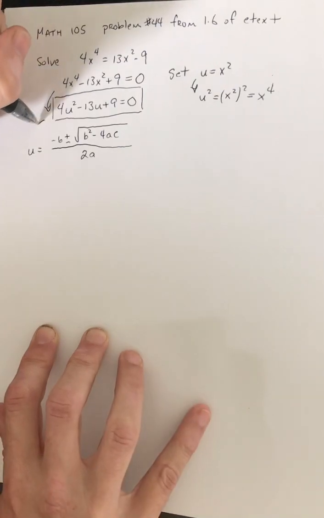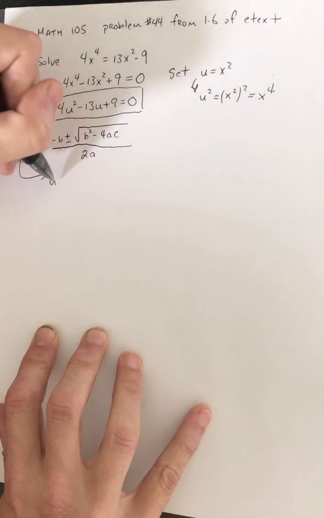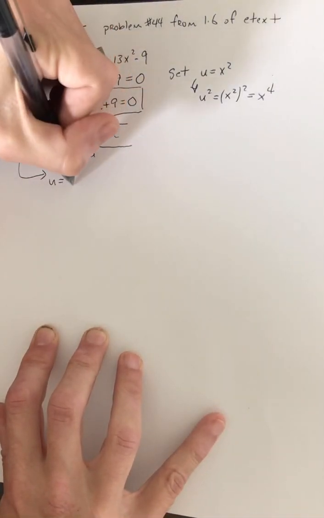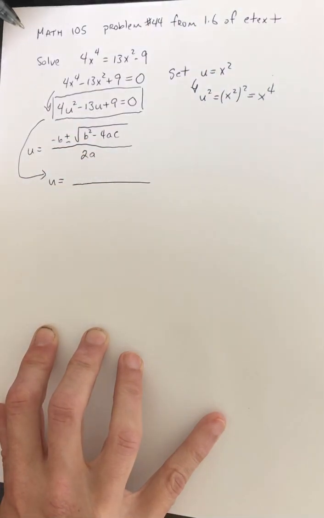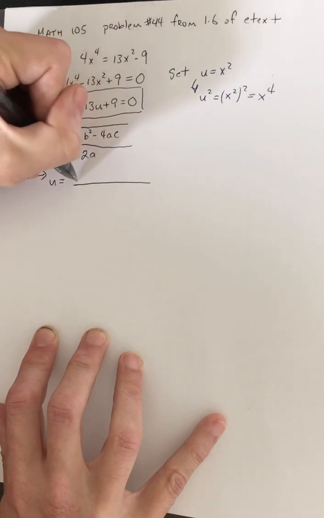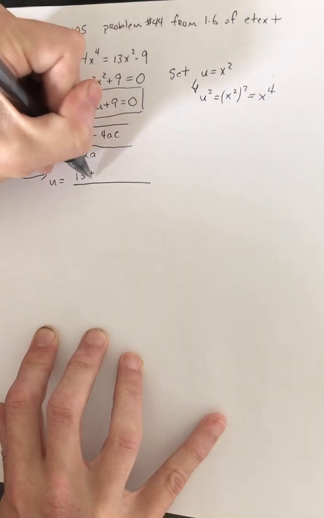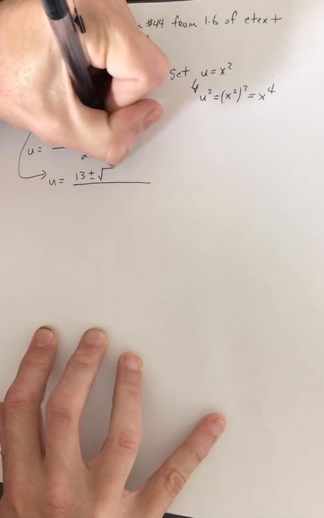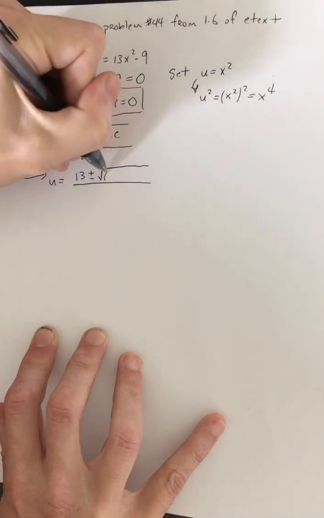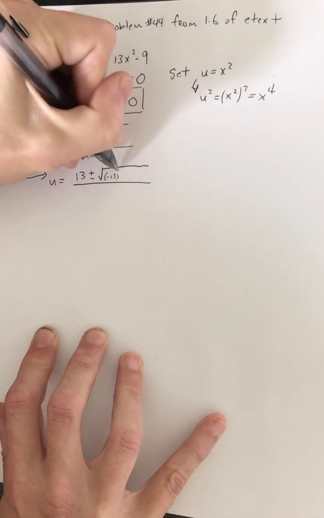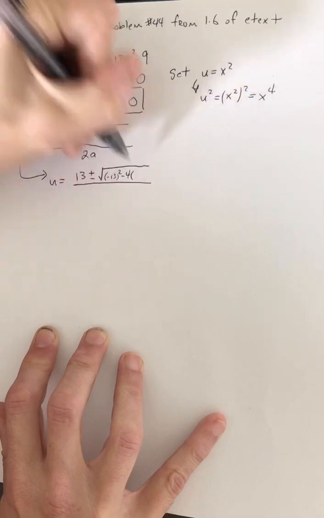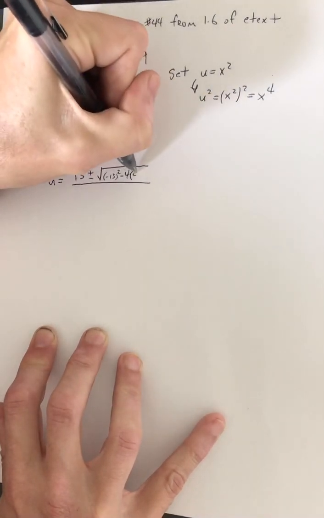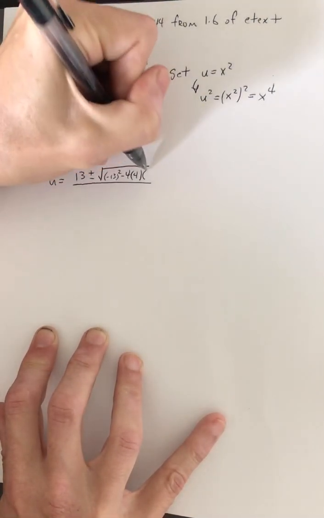Okay, so now if I do that here, u is going to equal, let's see, b is negative 13, so minus b is just plus 13. Then the square root of negative 13 squared minus 4, where a is 4 and c is 9.